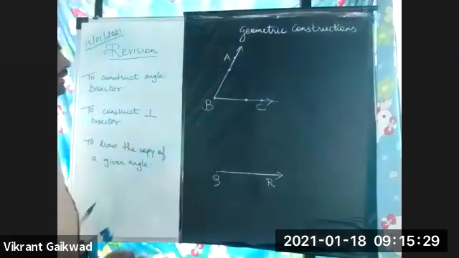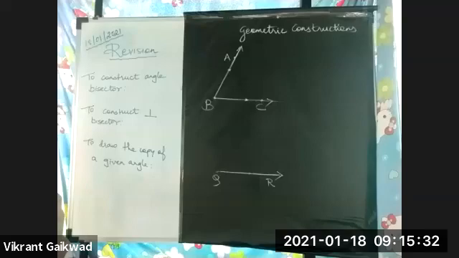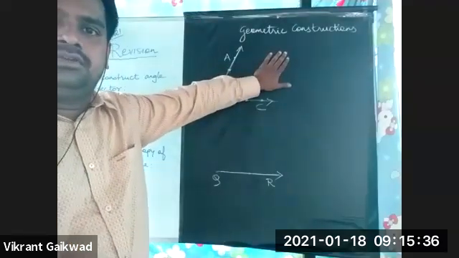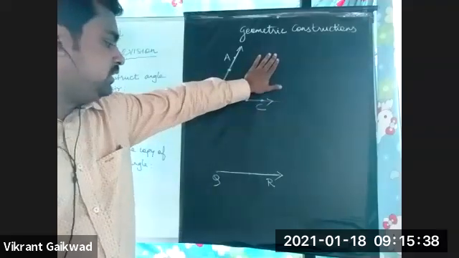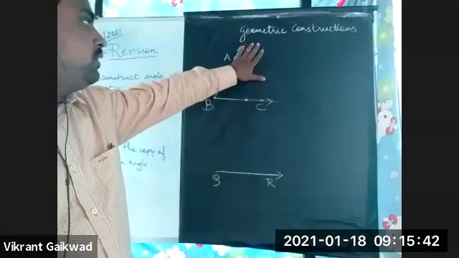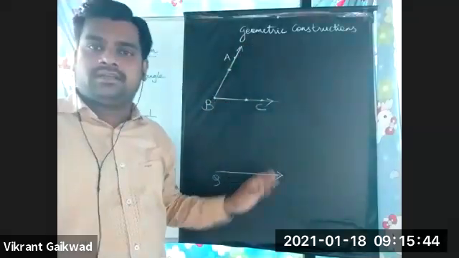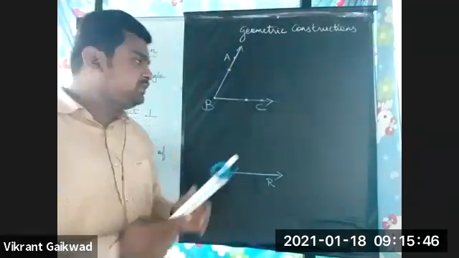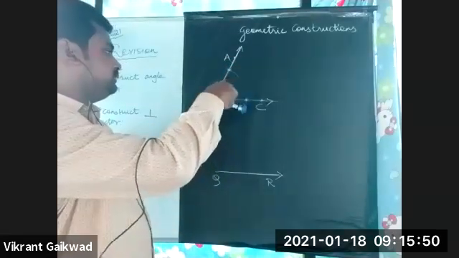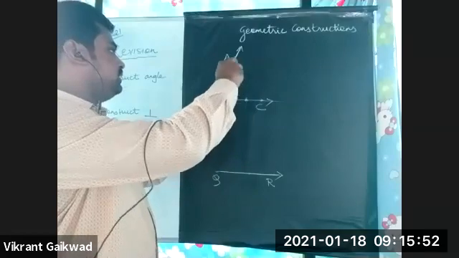Say angle ABC is given to you, and you're drawing the copy of this angle ABC. So suppose ABC is the given angle. From its vertex B, you'll cut an arc.